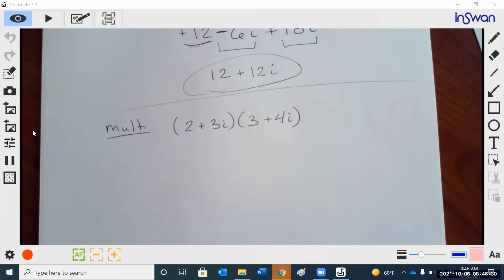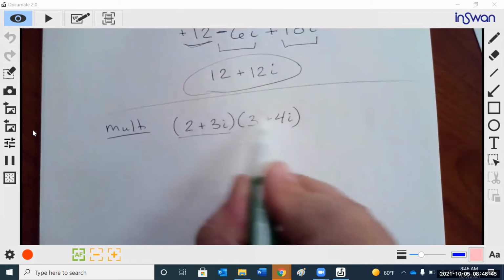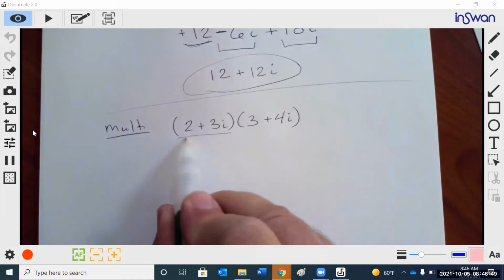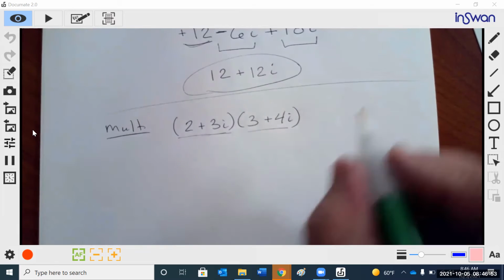So anybody guess what kind of method we're going to use here? It's going to be the same thing. It's going to be distributivity, because everything in this first parenthesis has to multiply to everything in the second. So we're distributing to it. But since these are both what are called binomials, we have two terms in each.